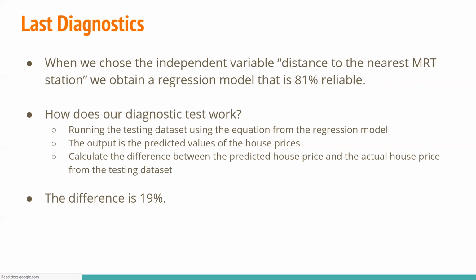And we use this predicted value to find the difference between this value and the actual value of the house prices in the testing data set, to find a percentage that represents how much the output from the model is deviating from the accuracy. And it turns out that this deviation is 19%.